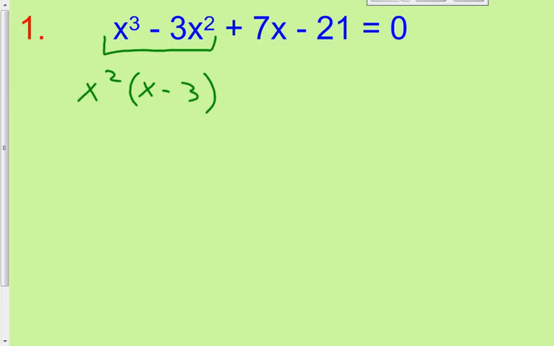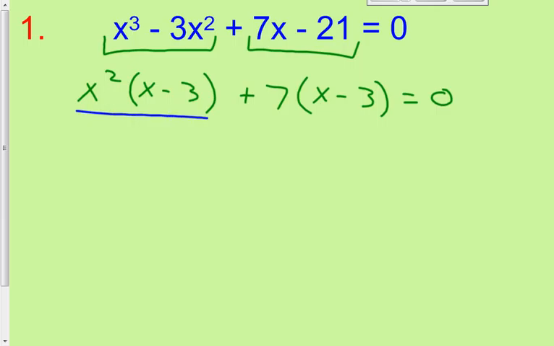And now we're going to take out the GCF of these two terms. What is similar in those two? The positive 7 would be. If you take out a positive 7, you're left with x minus 3. That equals 0. So now we have 2 different terms, right here and right here. What is similar in those 2 terms?